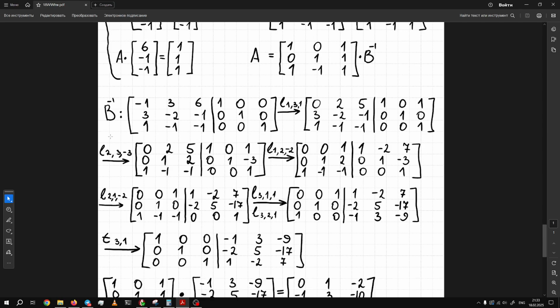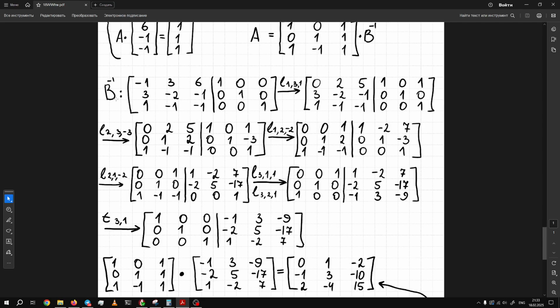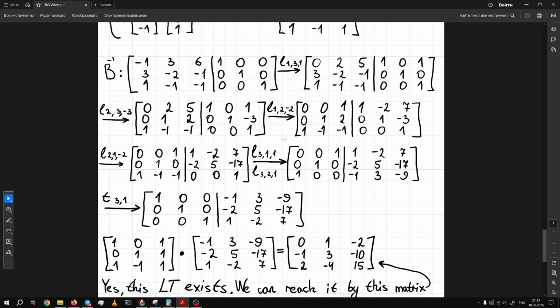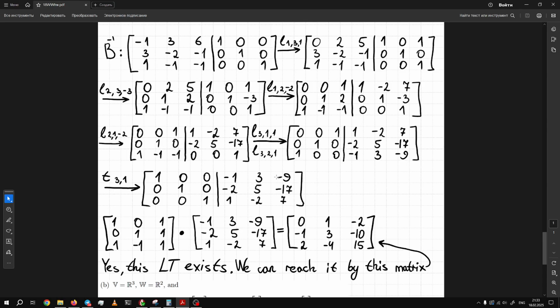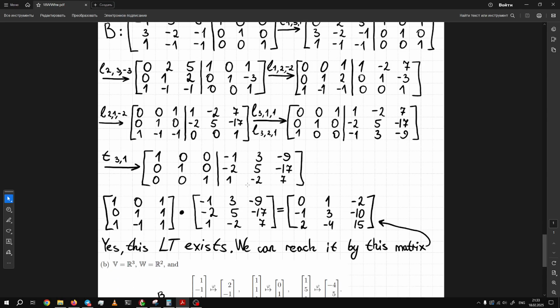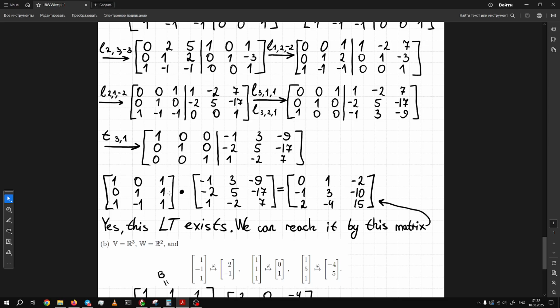So let's find B to the power of -1, the inverse matrix, and we do some elementary row operations, and finally we get that this is our inverse matrix. And so we multiplied it, and yes, this linear transformation exists, because we can see that this is our matrix.